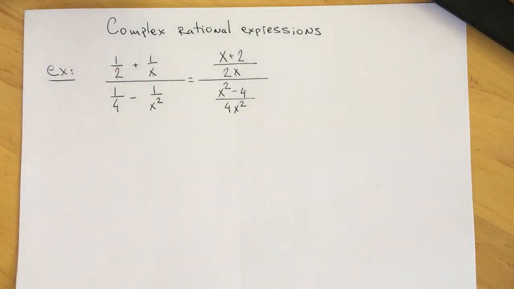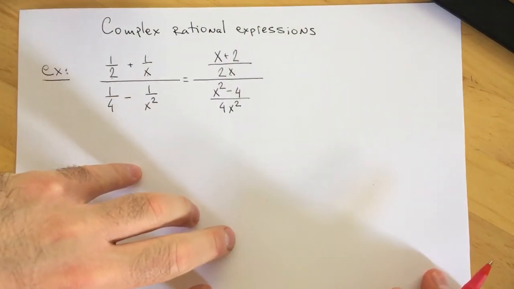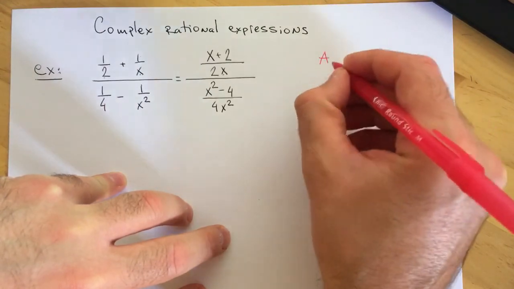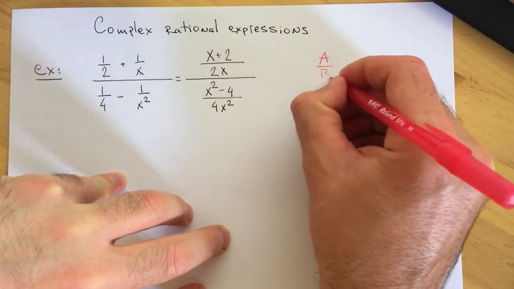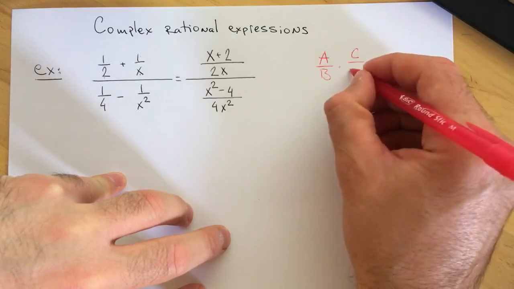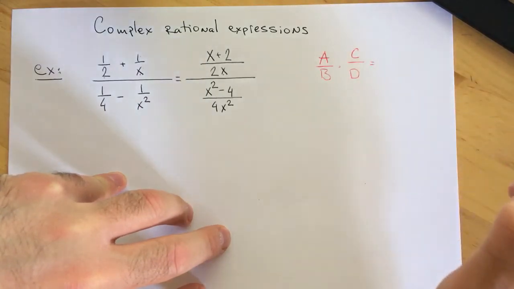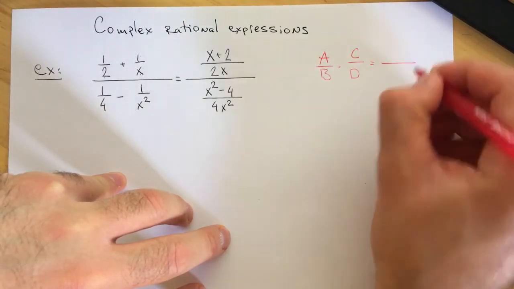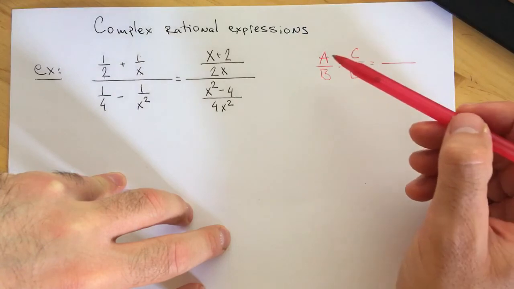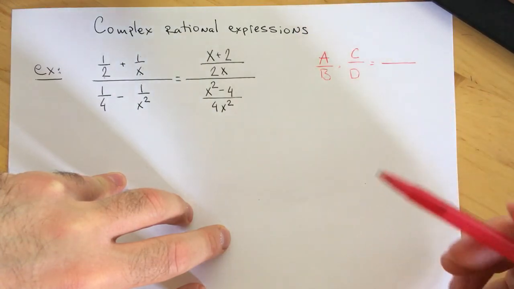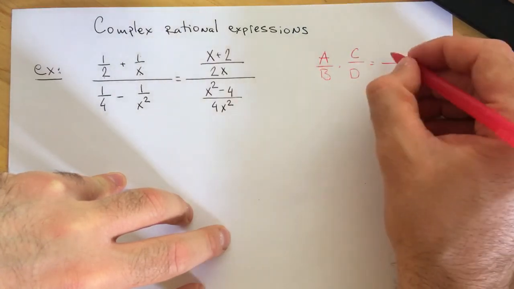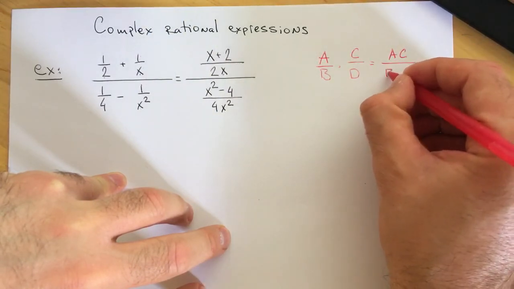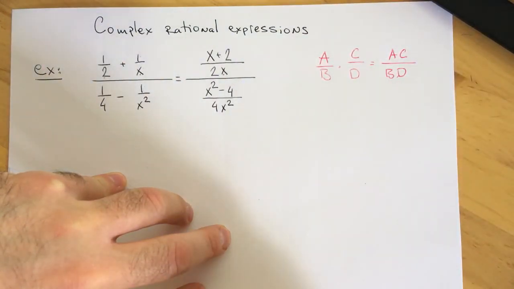Now I just want to remind you about multiplication and division of fractions, and that's the easy part here. These two operations are easier than addition and subtraction when dealing with rational expressions. If I have a over b times c over d, then the product is simply the product of the numerators divided by the product of the denominators.